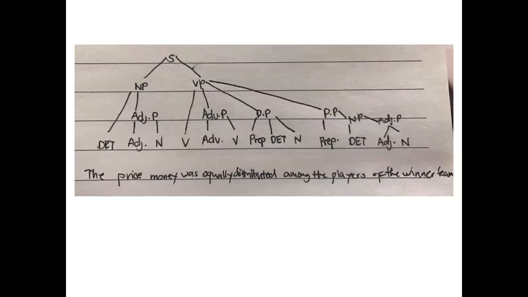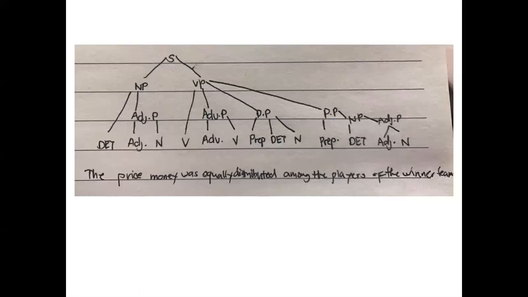So it is an adverb, so it will become an adverb phrase. Another one is among the players. Among is a preposition, the is the determiner, and players is the noun. So basically, since among is a preposition, it is a prepositional phrase.